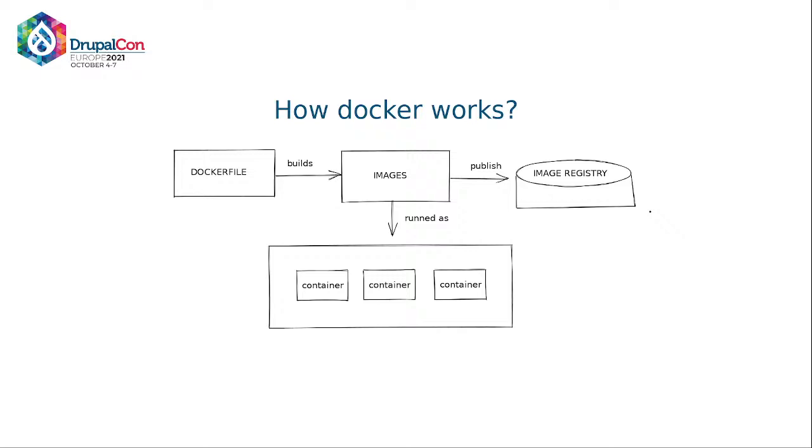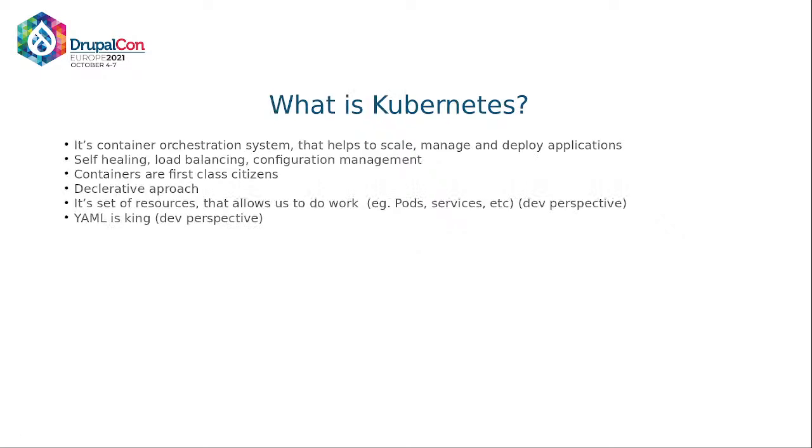So there are plenty of problems. Part of them are covered by Docker, part not, and generally there is a gap for a tool that does that for us. So this is what Kubernetes is, at least from my perspective.